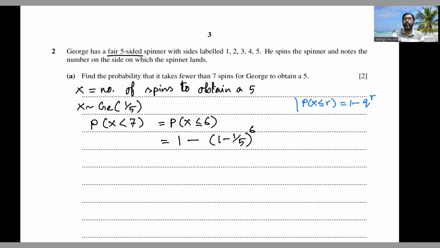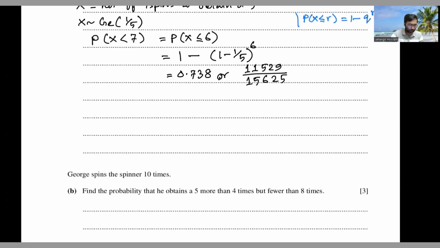So it will be 0.738 if you write it correct to 3 decimal places. And if you want the exact number, you can write it as a fraction, 11529 divided by 15625. That's the probability of obtaining a 5 in fewer than 7 spins. That's part A. Next, part B.